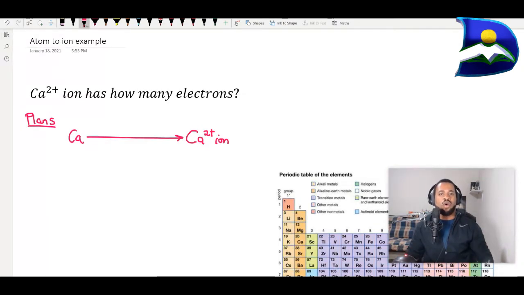What are the intermediate steps I need to take into consideration in order to solve this problem? First off, from calcium, we need to look at where it is on the periodic table, and looking at the position on the periodic table, we go into the next step, which is determining which variables I should consider.